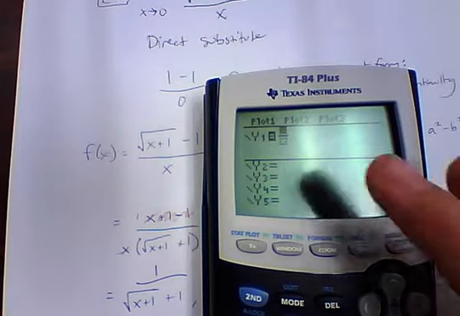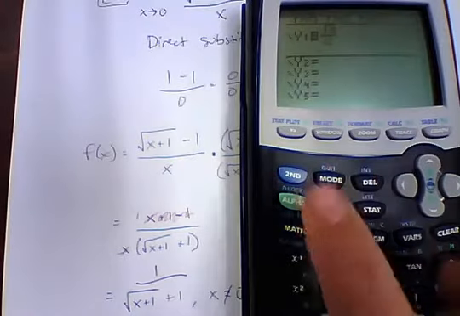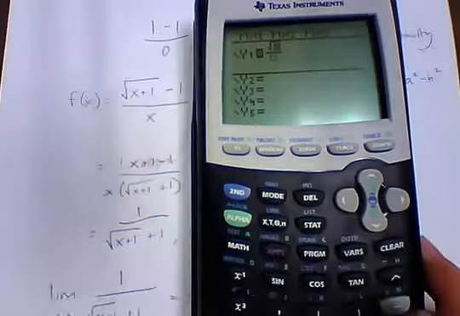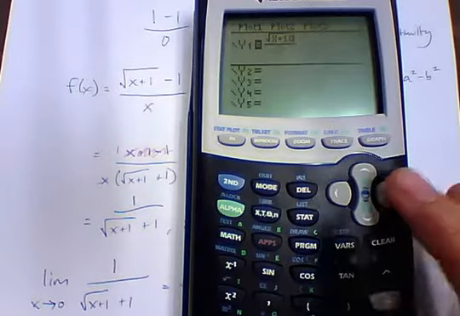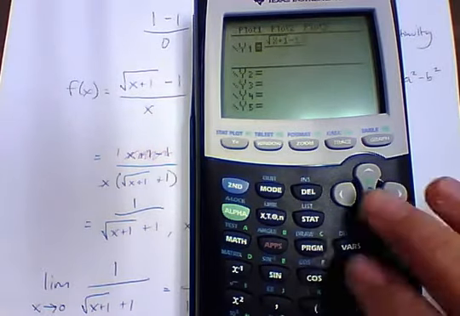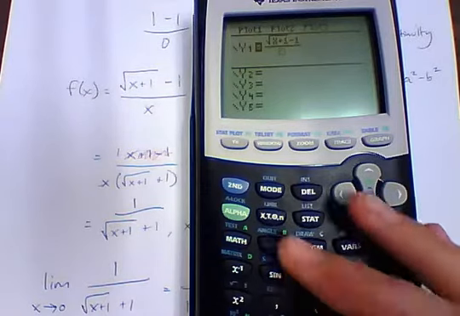And we'll do our radical, so we'll press second x squared. And I just pressed second x squared to get that radical. And then we'll type in x plus 1. Now press your right arrow to get out of the radical, and then press minus 1 all over x.